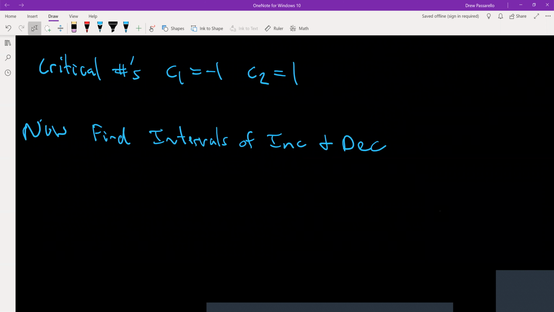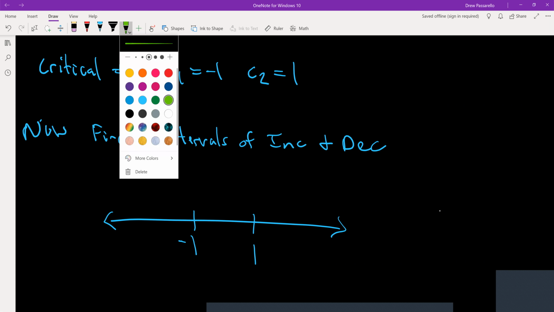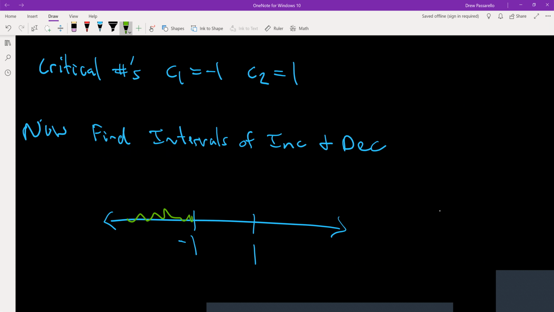And I like to first, we got to find the intervals that we're going to use. So again, this isn't necessary, but I draw a number line. So you have negative 1, we have 1. So our possible intervals. You have everything that's to the left of negative 1. That's negative infinity to negative 1.